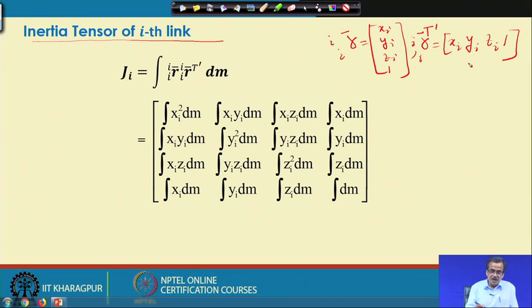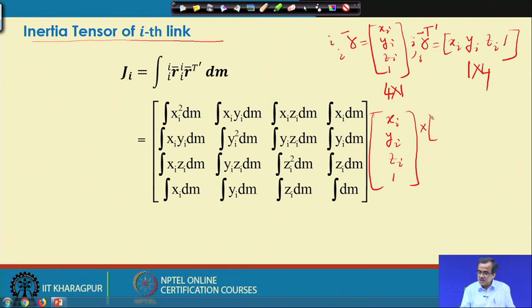Now, if I multiply r I with respect to I by r I with respect to I transpose, that means this is nothing but a 4 cross 1 matrix, and this is nothing but a 1 cross 4 matrix, and if you multiply, then you will be getting a 4 cross 4 matrix. So, if I just multiply, this is something like this: x I, y I, z I, 1 multiplied by this particular matrix x I, y I, z I, 1.